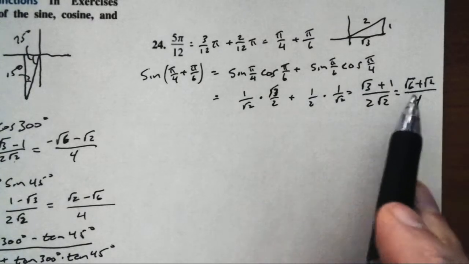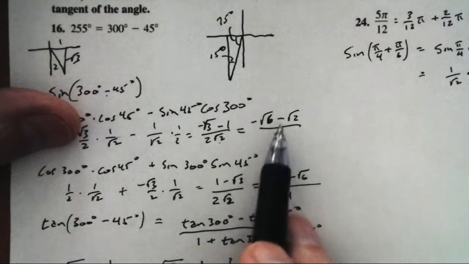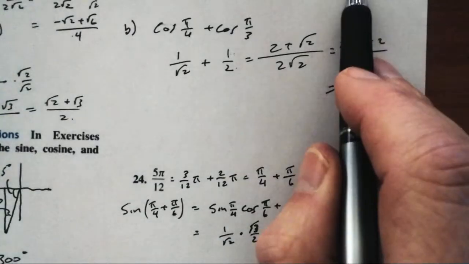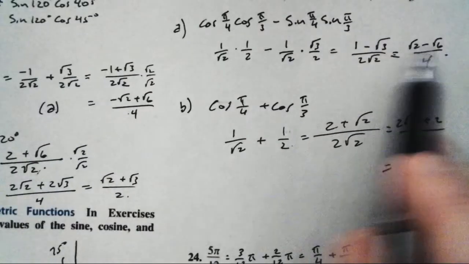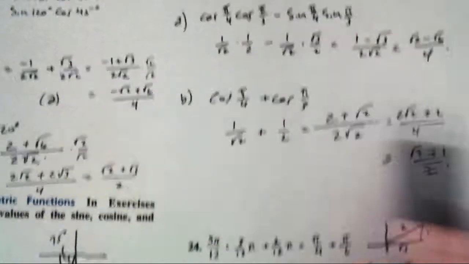Now there's that same pattern with the square root of 6 and a square root of 2 on top. And 4's on the bottom.